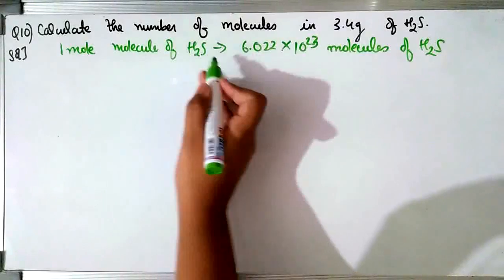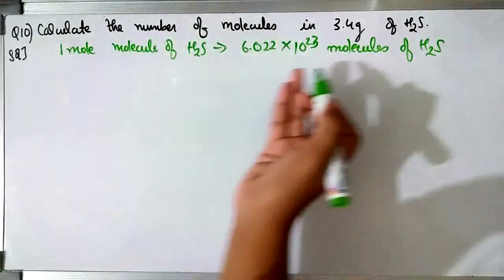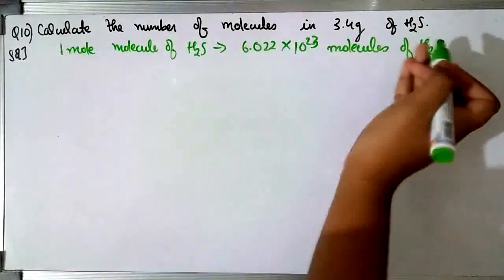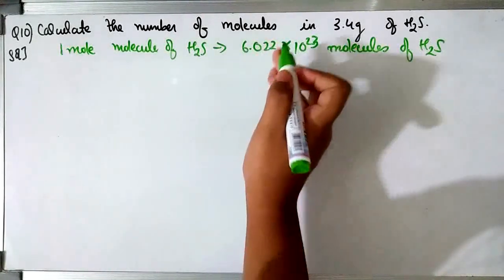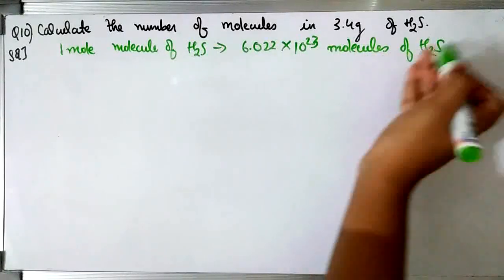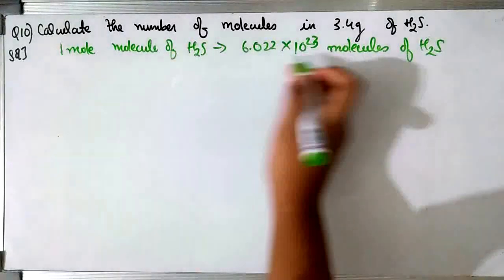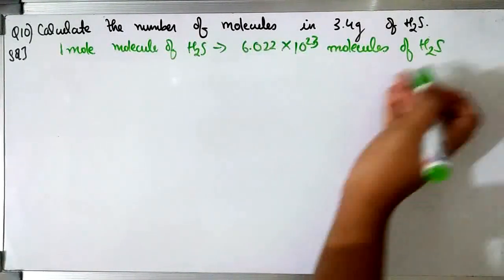Since we have a molecule here, 1 mole molecule of H2S will contain 6.022, that is Avogadro number, molecules of H2S.